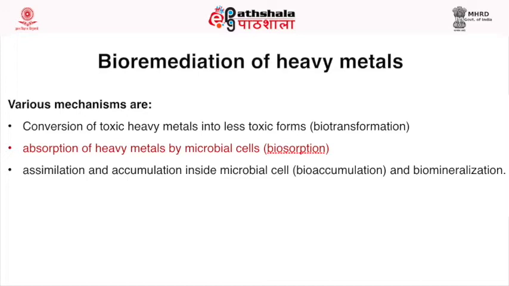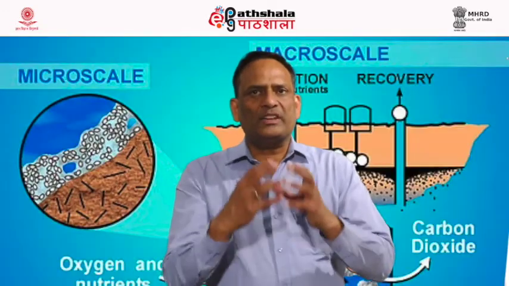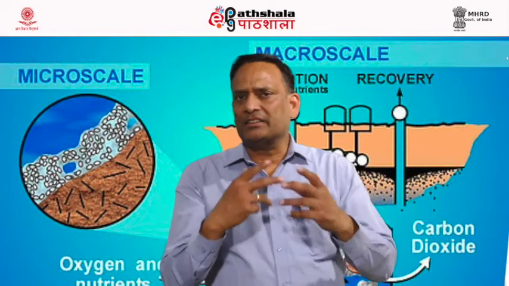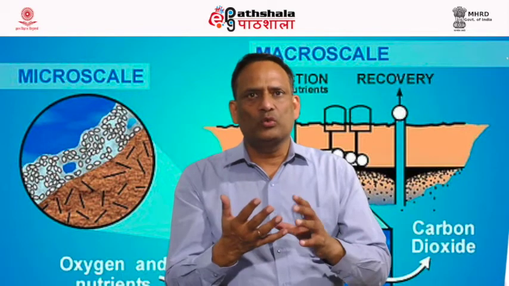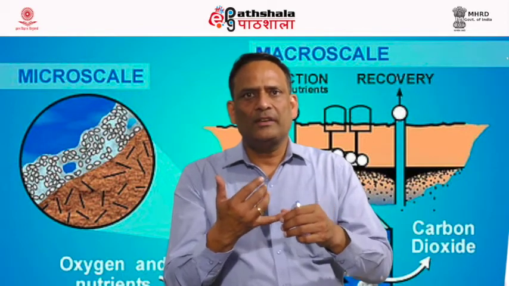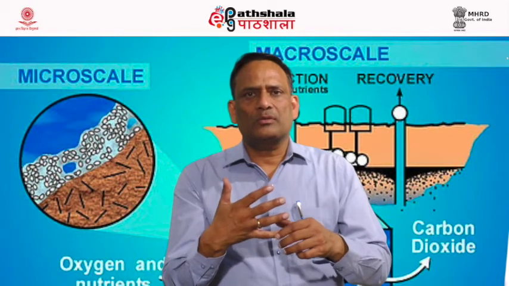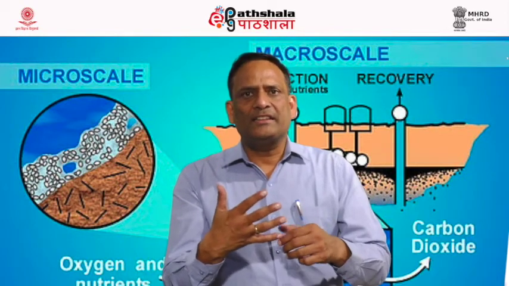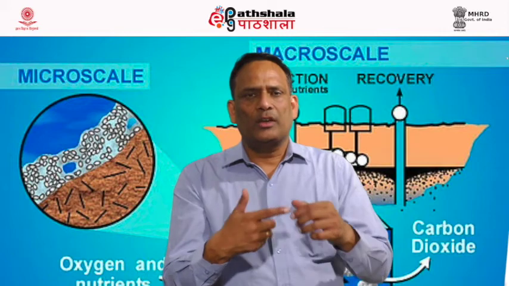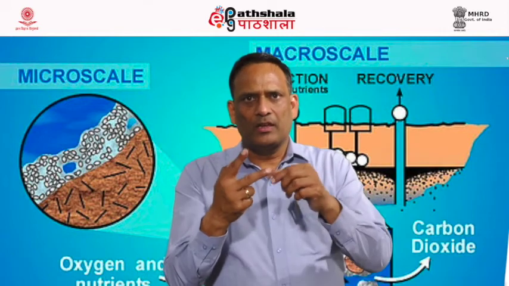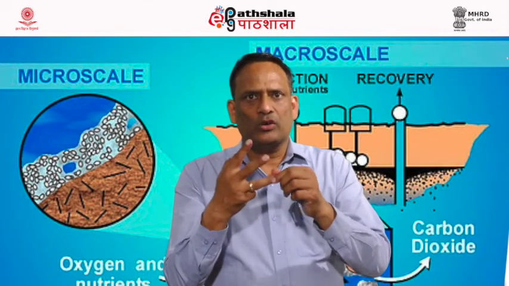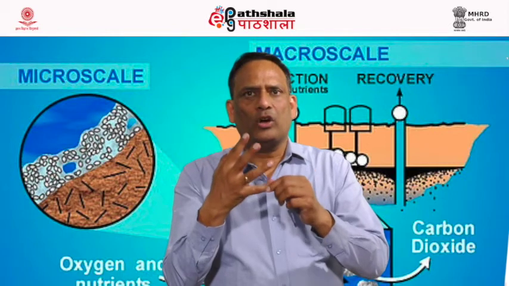This approach is called bioaccumulation and biomineralization. So we can say in a nutshell, there are 3-4 approaches which can be used for heavy metal bioremediation, and these approaches include biotransformation, biosorption, biomineralization and bioaccumulation.